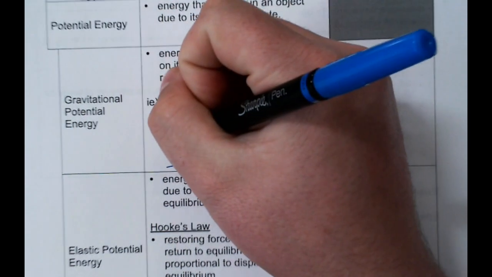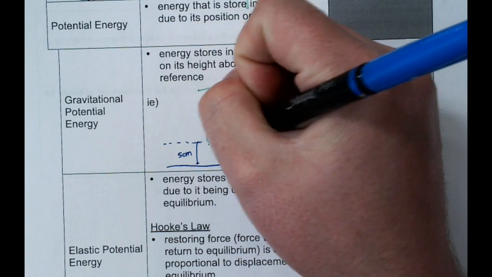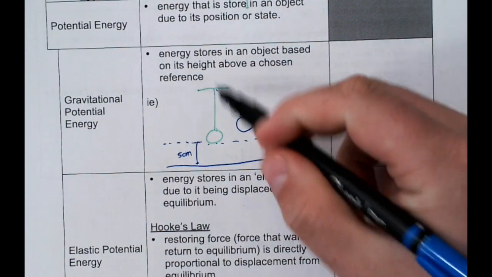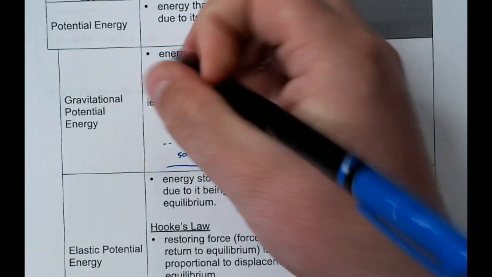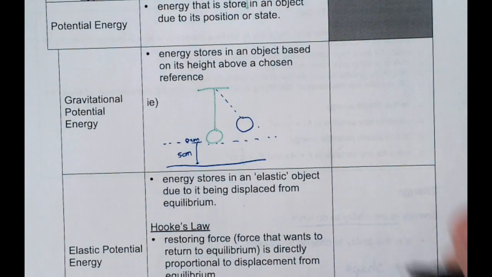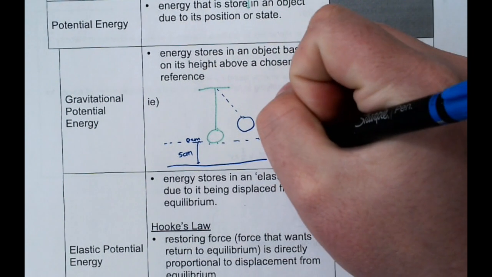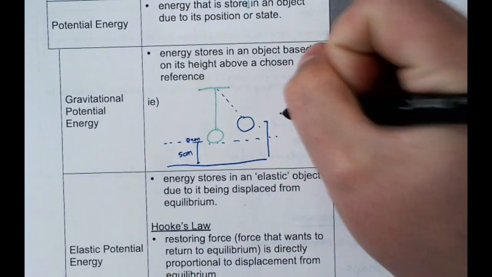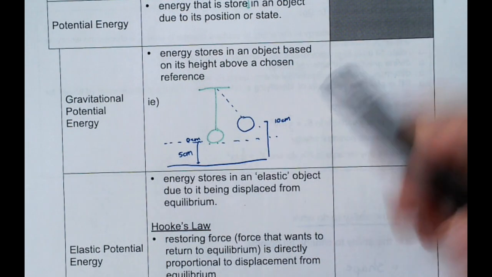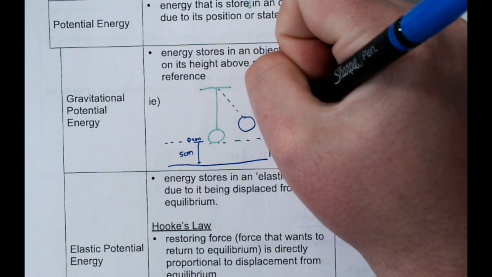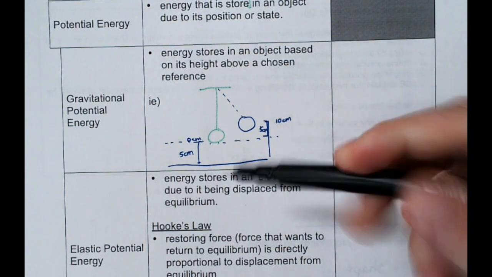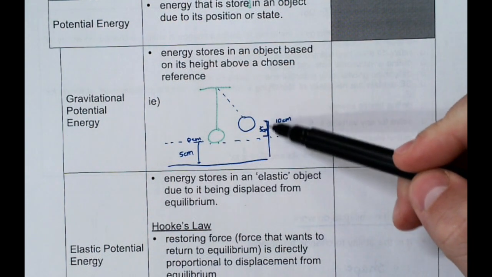Its potential energy is based on its equilibrium point. So that's where it's sitting when it is at rest at its very lowest point. So we actually would consider this to be the 0 centimeters. Meaning if this now is 10 centimeters above the ground, it would actually be 5 centimeters that we would take as our measurement. It's 5 centimeters above that equilibrium line.